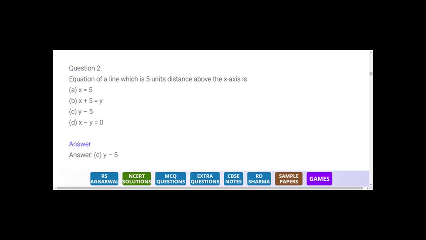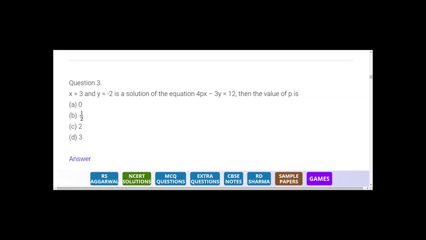Anjali? X equal to 3, y equal to minus 2 is the solution of the equation 4px minus 3y equal to 12, then p is dash. Got it? Anjali?